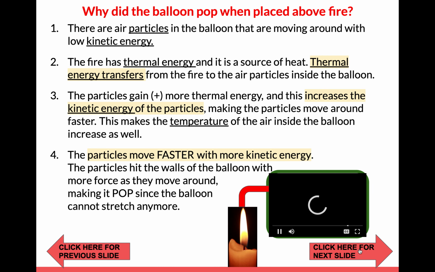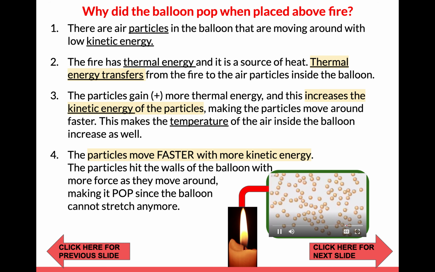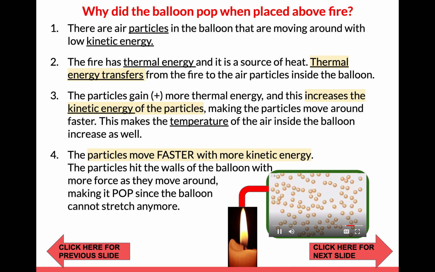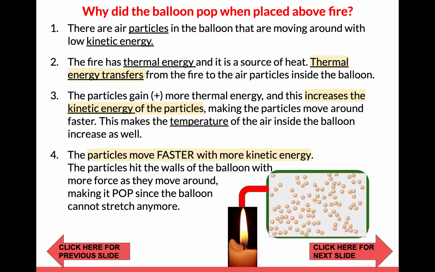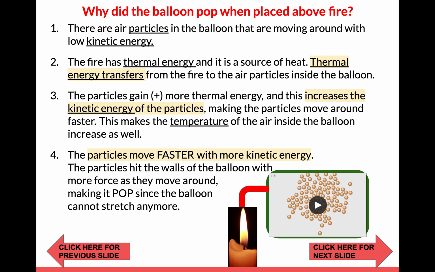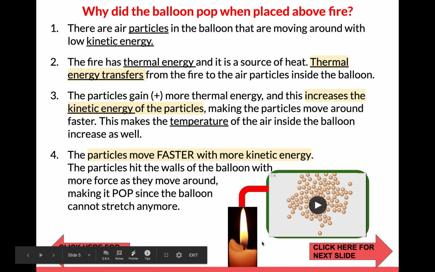This is a review of what we learned around 3 weeks ago. The question is, why did the balloon pop when placed above fire? I just want to go over one more time that there are air particles in the balloon that are moving around with low kinetic energy. They're not moving that fast. Since the fire has thermal energy, it's a source of heat. The thermal energy transfers from the fire to the particles inside the balloon.